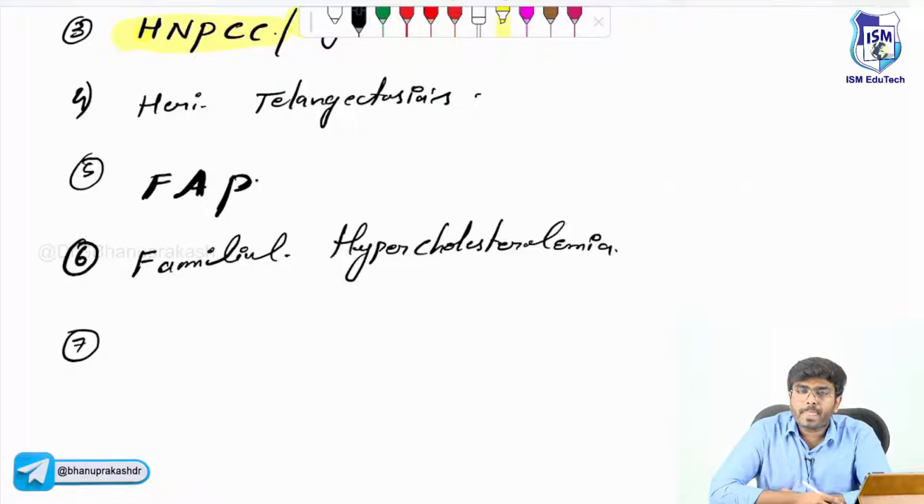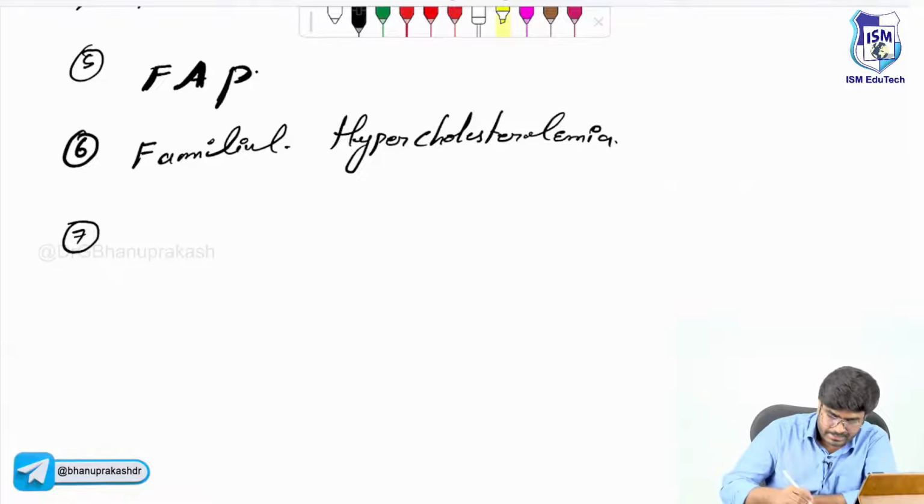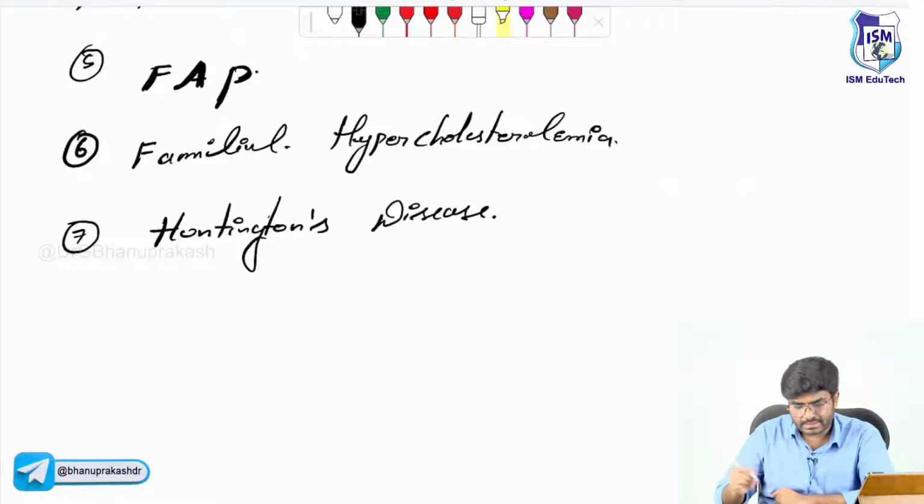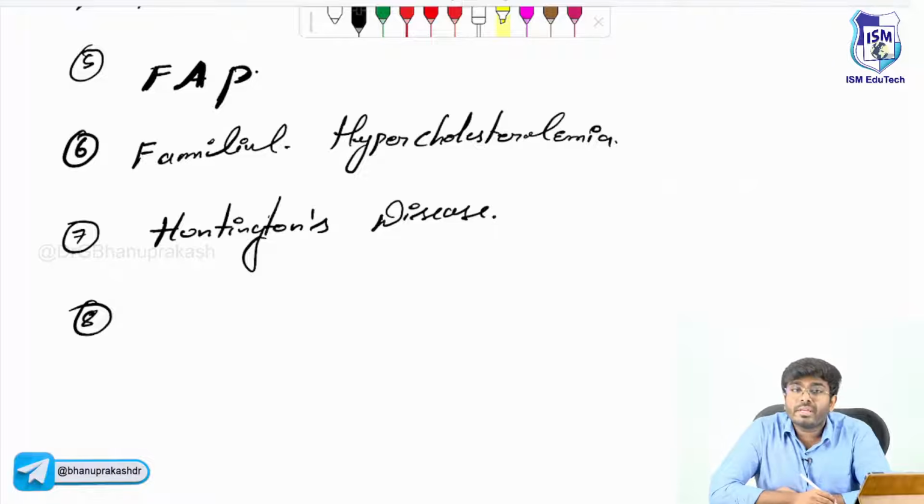Next, I used to remember something like this. Hunting is a dominant sport, right? So something like Huntington disease. Next, a very famous MCQ about the kidneys. There is one problem which is going to occur in our kidneys with an autosomal dominant inheritance pattern.